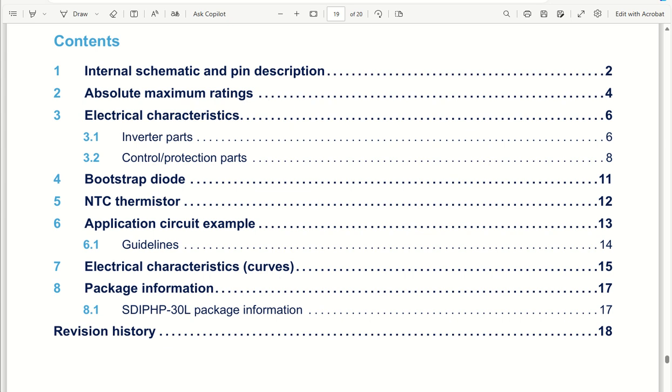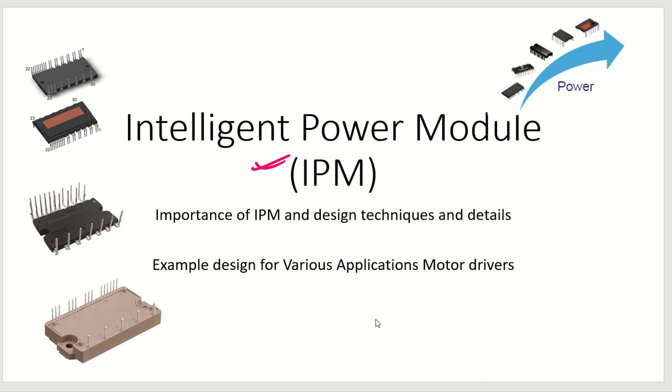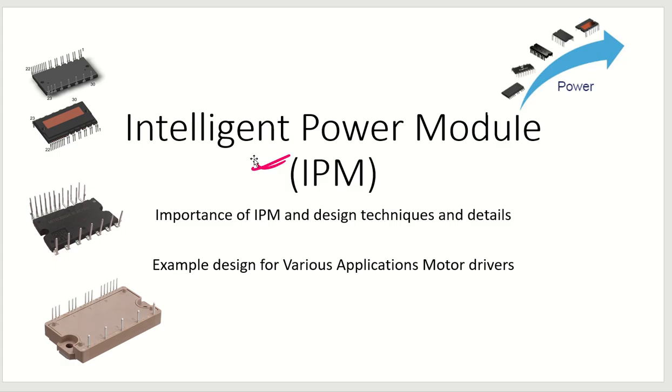So I understand now you have a very good idea about what an IPM is and how IPMs are utilized in a system where we have a lot of different applications that we saw just now. Our aim would be to give you more details about various other ICs, first from different manufacturers, and then we'll try to understand how we can design a particular circuit for our exact application.